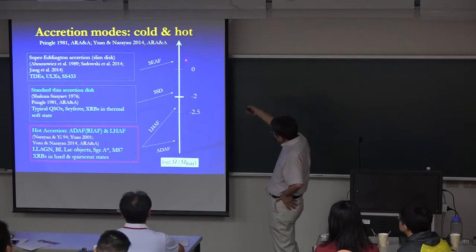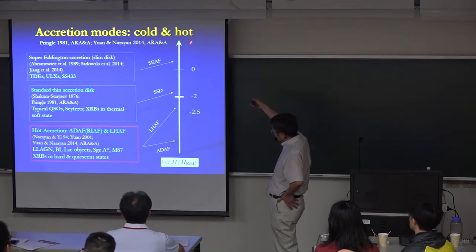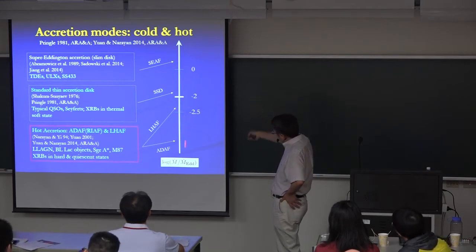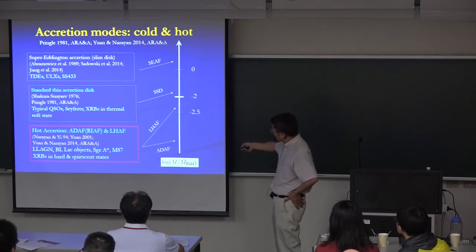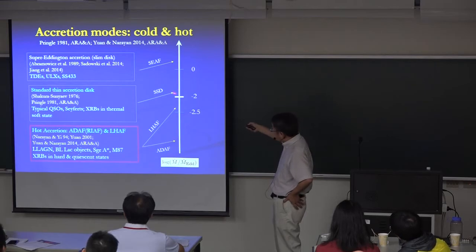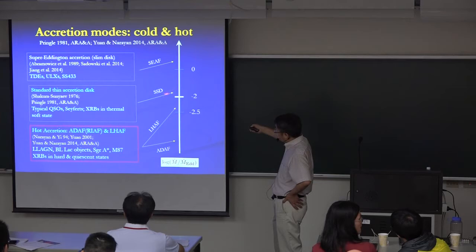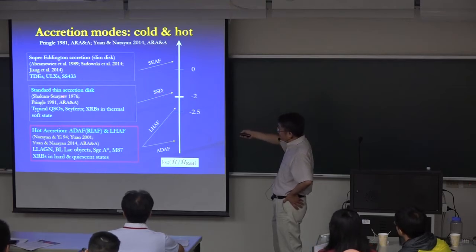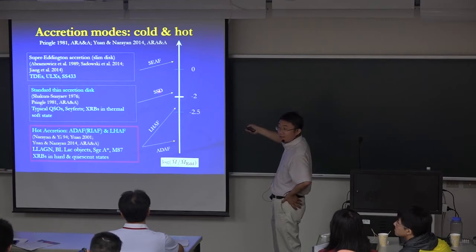In this direction is the increase of the accretion rate, in units of the Eddington accretion rate. When the accretion rate is larger than typically 10 to the minus 2 Eddington, we will have cold accretion flow. In this regime, it will be the standard thin disk or Shakura-Sunyaev disk, SSD.